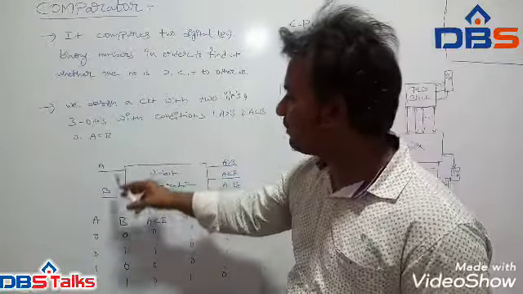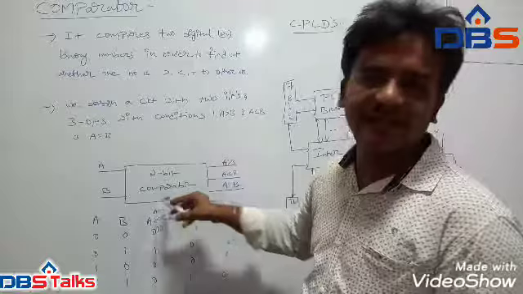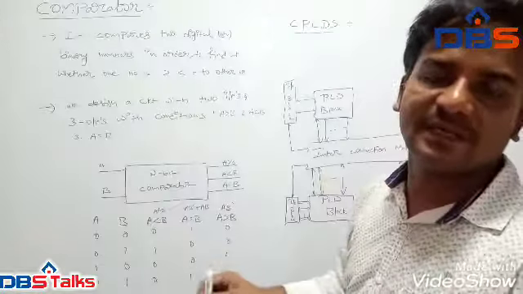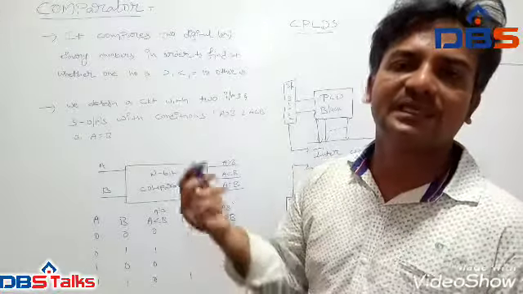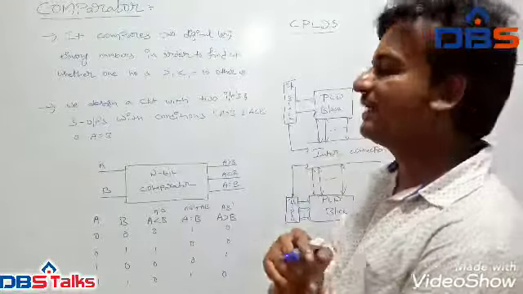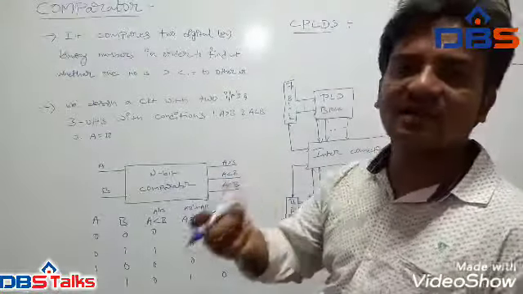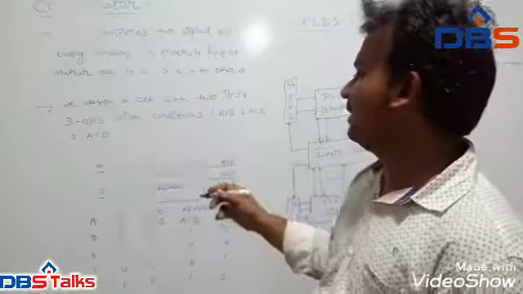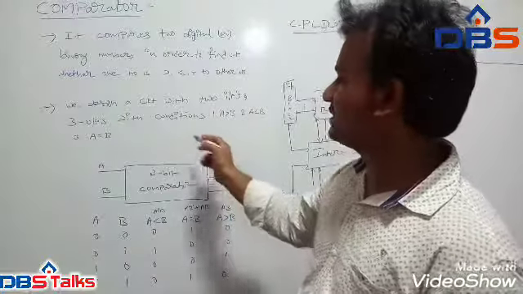So we can design an n-bit comparator, either 1-bit, 2-bit, 3-bit or n-bit, whatever the length of the bits. It specially compares the applied inputs.